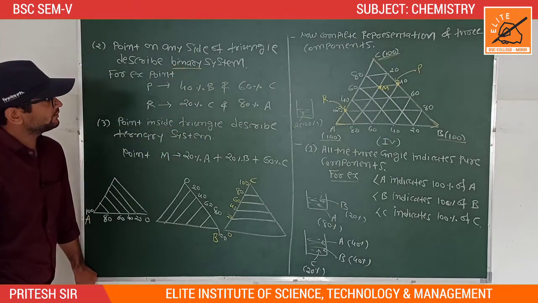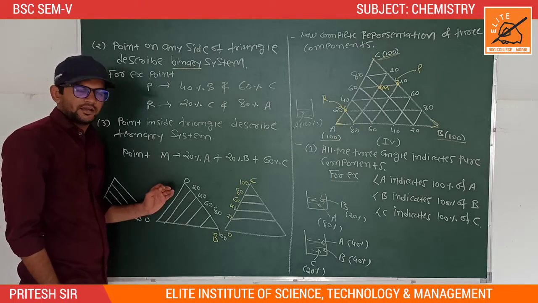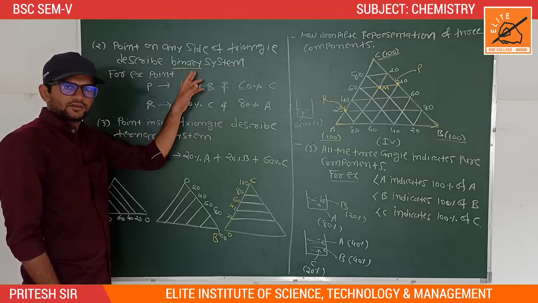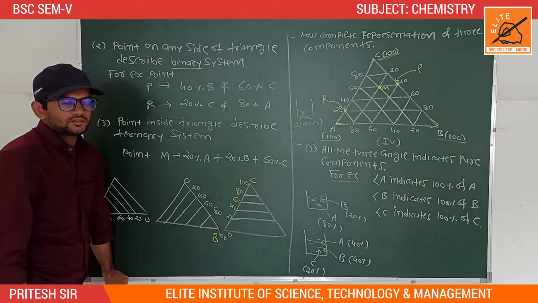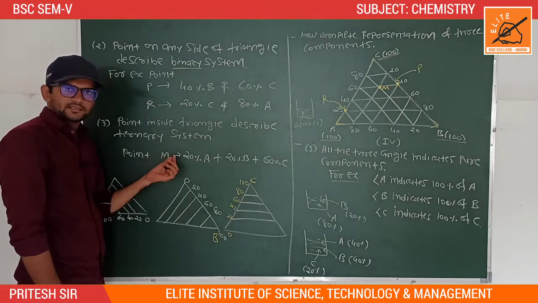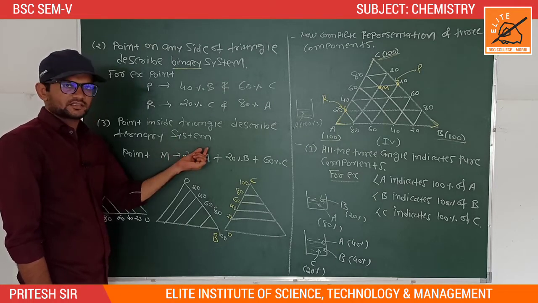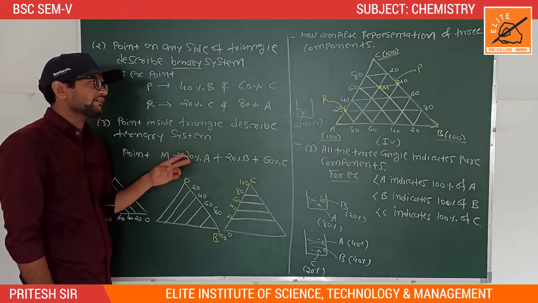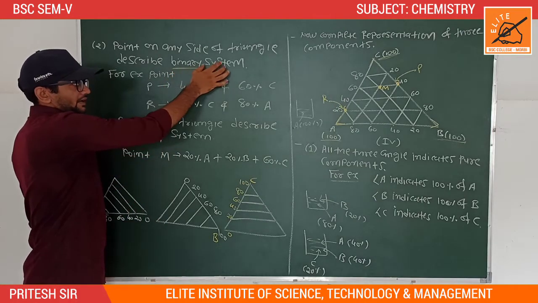Binary system means two different components are present in your system. Suppose only one component is present, then you can say it is a single component or one component system. If two components are present, you can say it is a two component system or binary system.